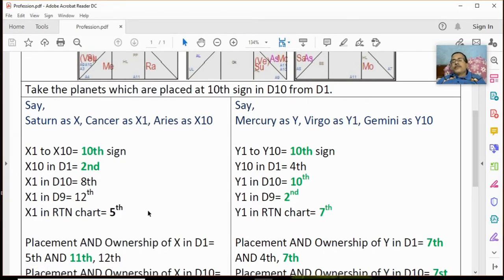What is the RTN chart? RTN chart means Rashi Tullo Navamsha chart. If I replace the D9 ascendant with the D1 ascendant, then I get the Rashi Tullo Navamsha chart. X1 in the RTN chart, Cancer in the RTN chart.